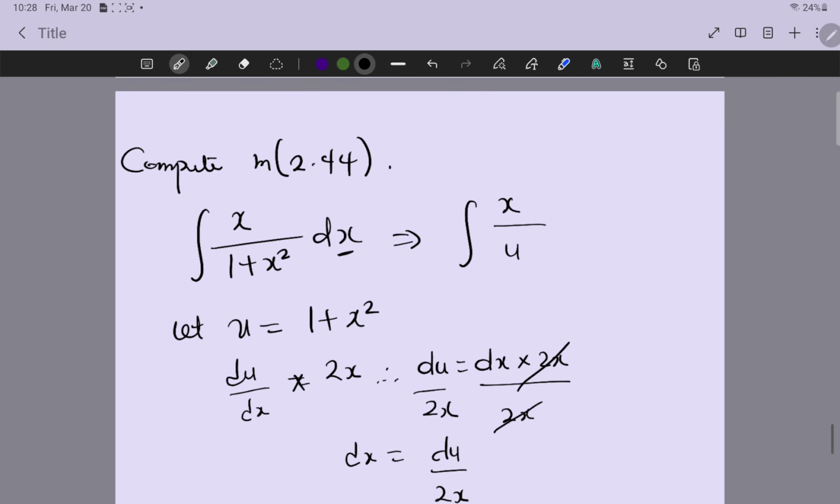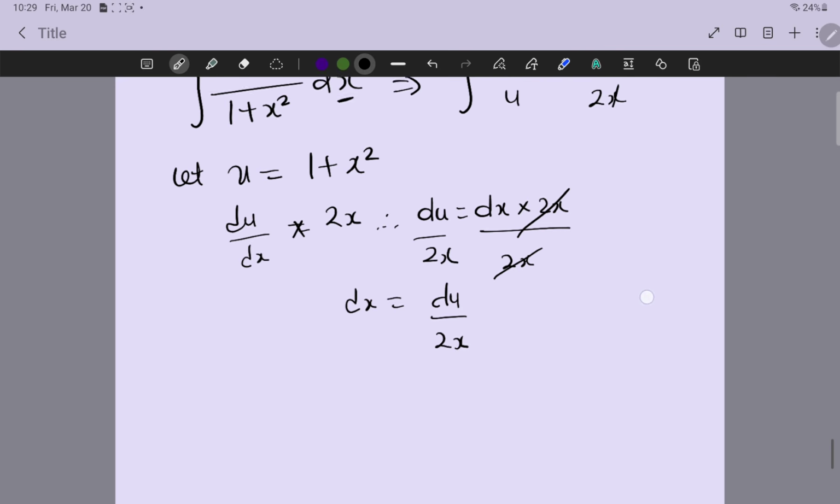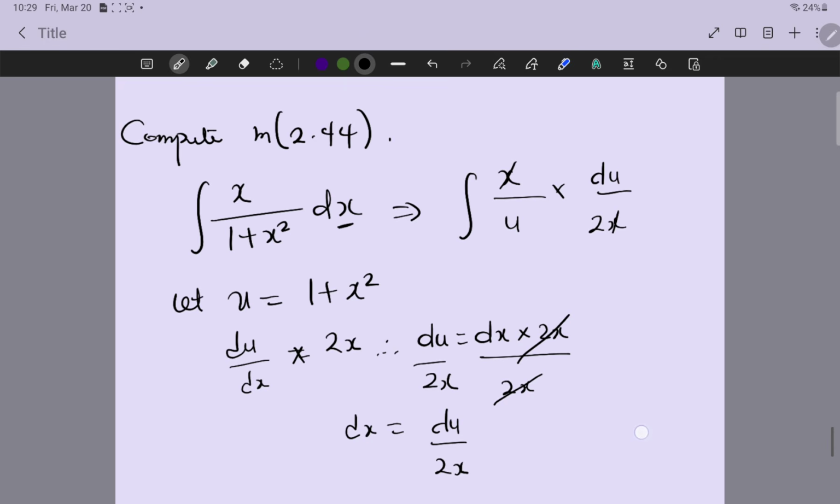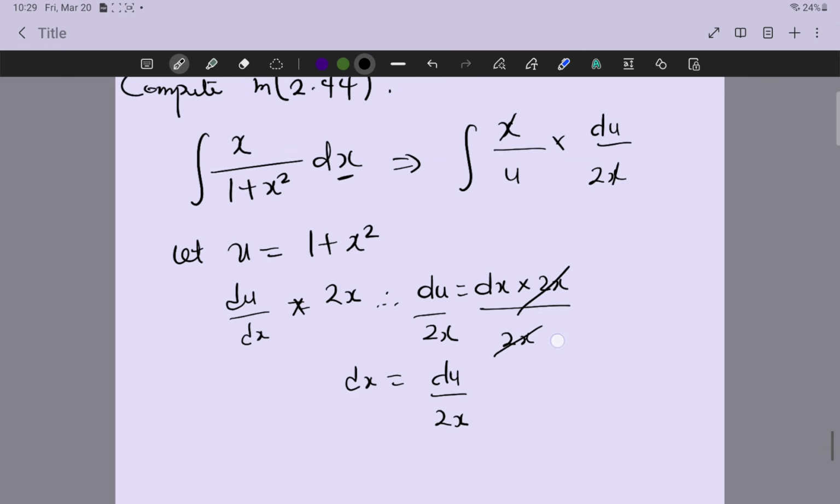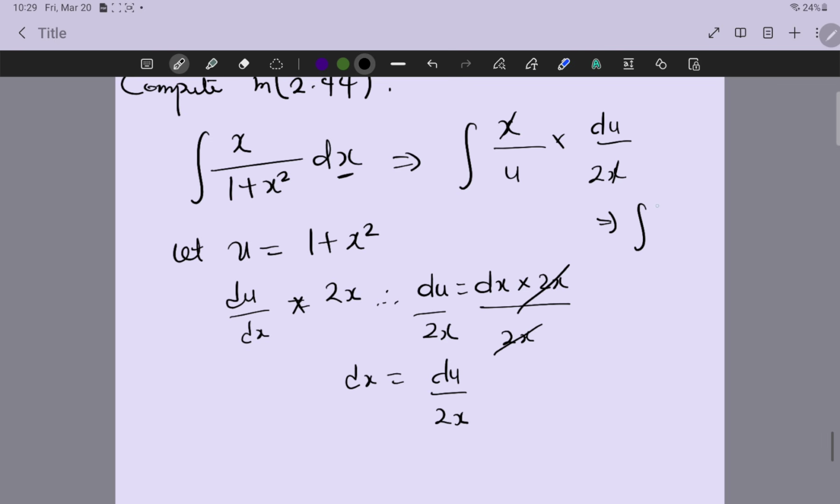So the integral of this times du over 2x, this x cancels this one, so we are having an integral of 1 over 2u du.